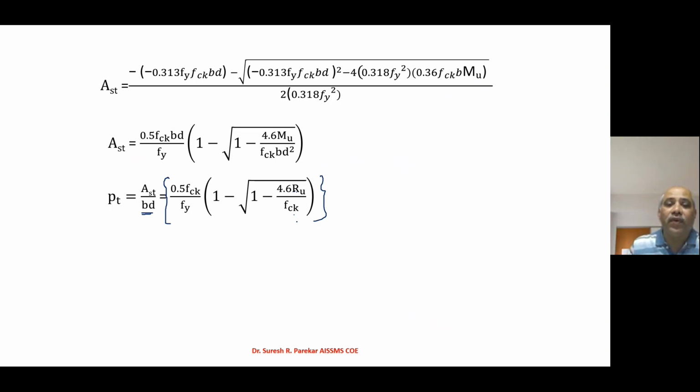Likewise we find the percentage of steel. If you have to find the balanced value, then you make Ru equal to Ru max only, and that will give you PT balance. For PT balance, you have to make Ru equal to Ru max.